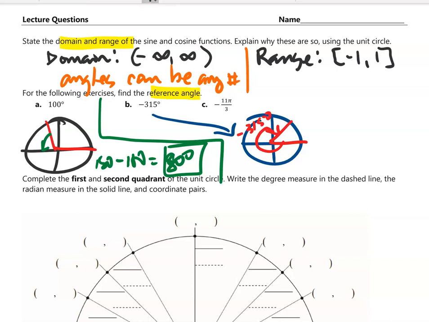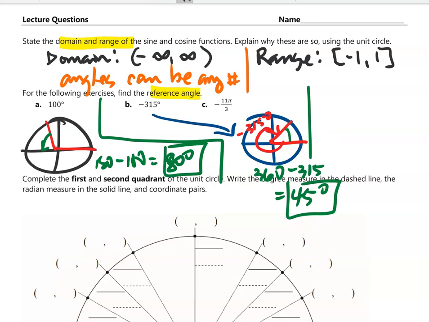Fastest way to the x-axis is this, and that is 360 minus 315 is equal to 45 degrees. So this is 45 degrees. So which is the reference angle of letter B?